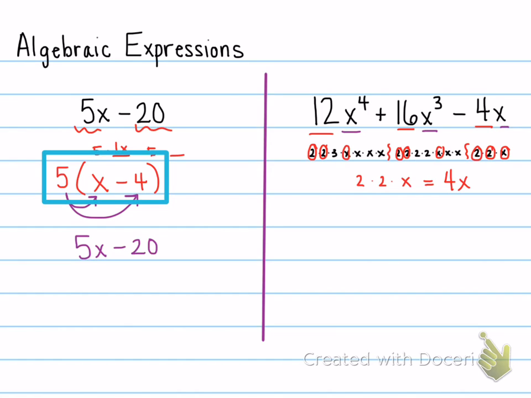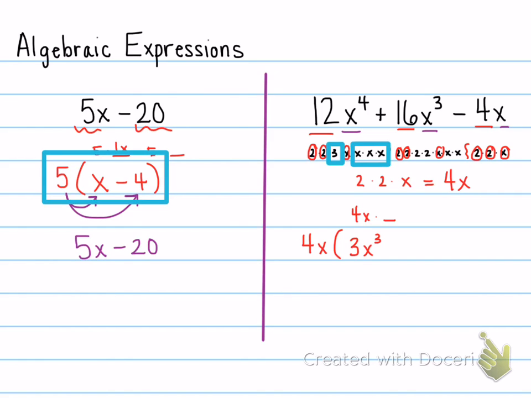All right, so if I take 4x out, 4x times what gives me 12x to the fourth? Well, I have a 3 and 3 x's, so it's 3x to the third.